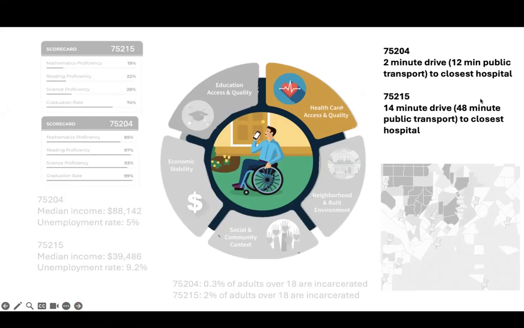And here we can see some disparities between these two communities in how easy it is to even get to the hospital. Both communities are close to major metropolitan large hospitals. However, in our community with the higher life expectancy, it's logistically much easier to get to the hospital. There's a hospital within the community that takes a 2-minute drive, or 12 minutes by public transportation, just one bus, which came often.